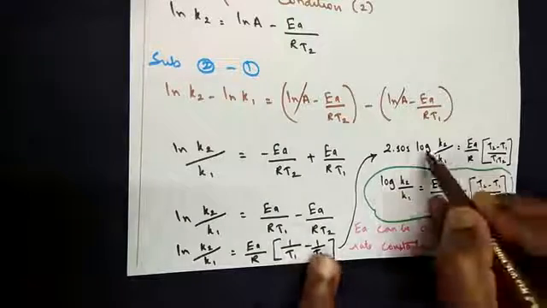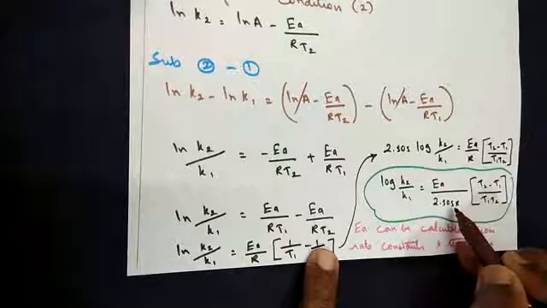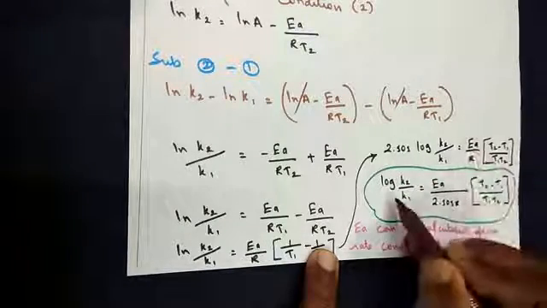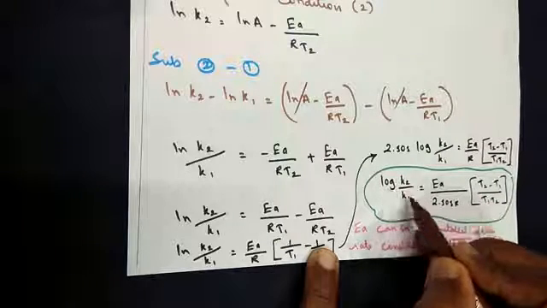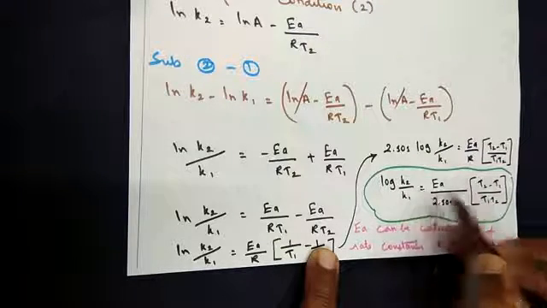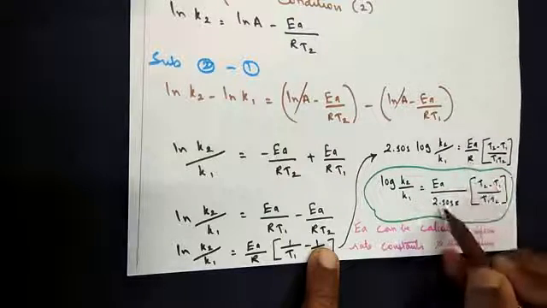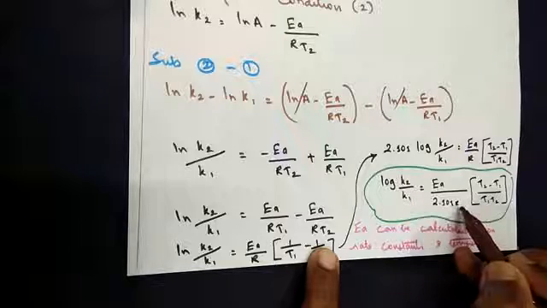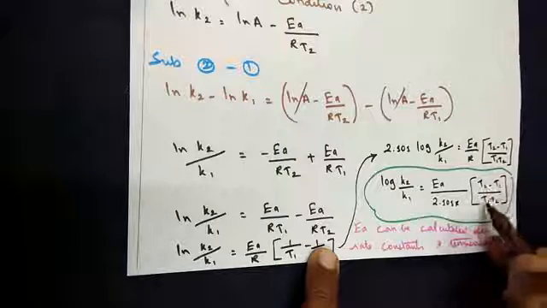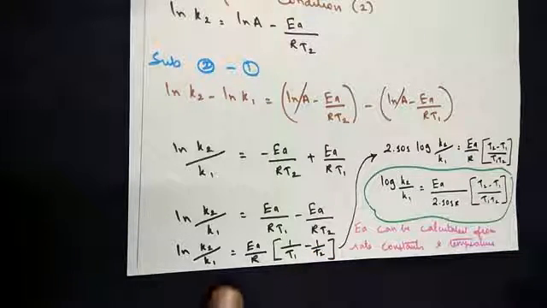Now, we can take the 2.303 to the other side. So the whole formula gets rearranged. Log of K2 by K1 is equal to Ea, this 2.303 comes on the other side. So 2.303 into R into T2 minus T1 by T1 into T2.